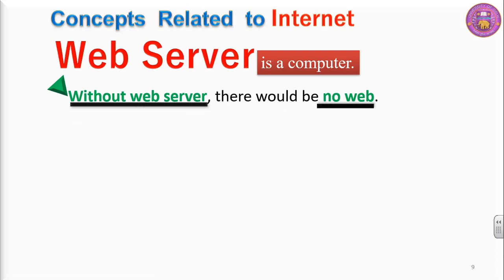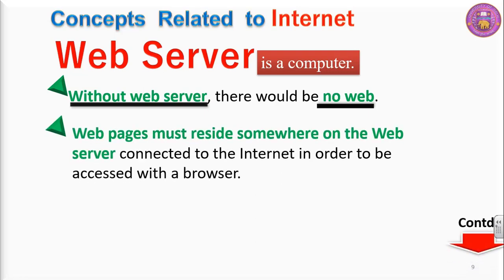Without web server, there would be no web because it is the web server which contains website. Website contains web pages and web pages are written in HTML language. Through hyperlinks, these pages are interconnected with each other. If there is no web server, then there would be no web.